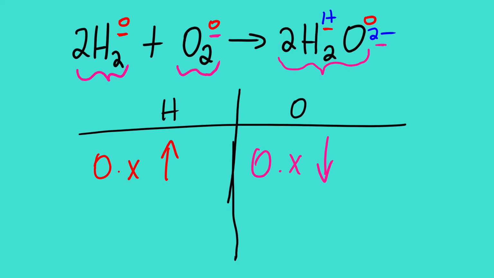The definition of oxidation in terms of oxidation number is an increase in oxidation number. So in this chemical reaction, we can conclude that hydrogen undergoes oxidation because its oxidation number increased from 0 to +1.